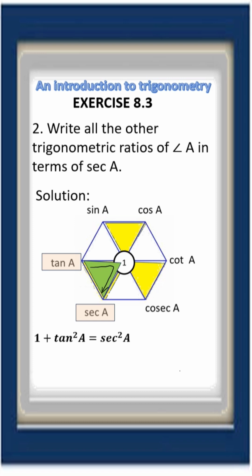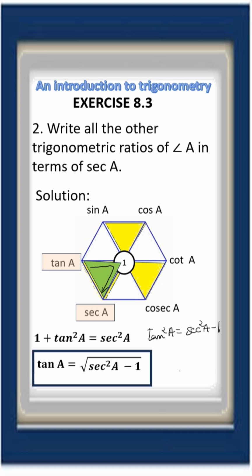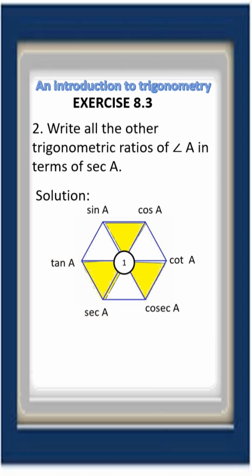Tan square A is equal to secant square A minus 1. Take square root on both sides. You will get tan A is equal to square root of secant square A minus 1. This is the solution.